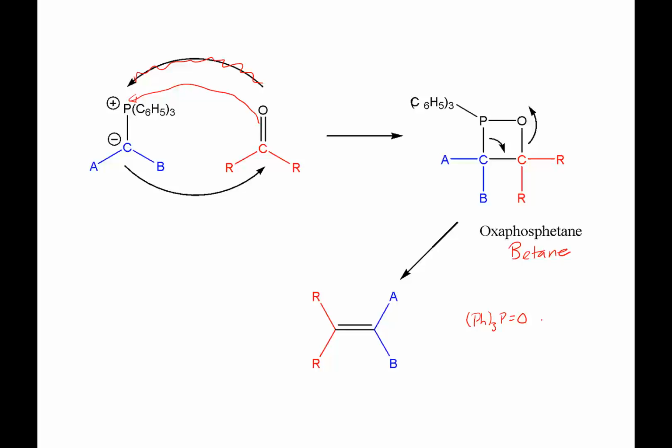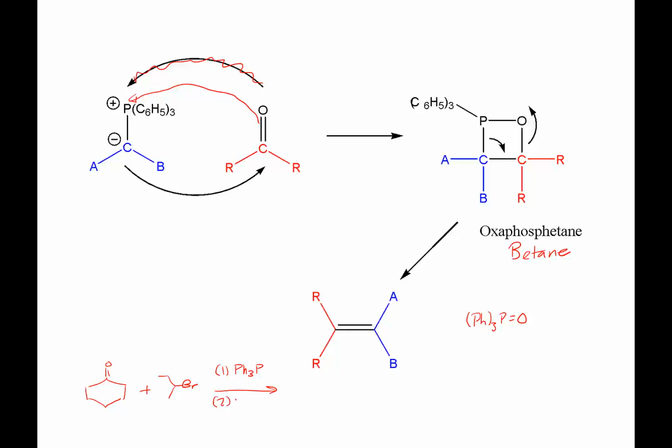And again, he not only formed a carbon-carbon bond, he formed a double bond. So that's Wittig. How would I show you a Wittig reaction? Let's say I did something like this. Ketone plus alkyl halide. Step 1, triphenylphosphine.